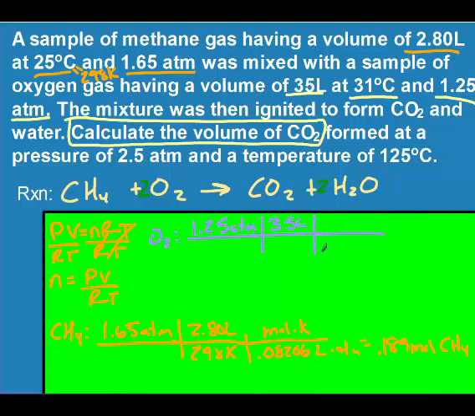R goes on the bottom. And my temperature plus 273 is 304 Kelvin. Multiplying and dividing, I get 1.75 moles.